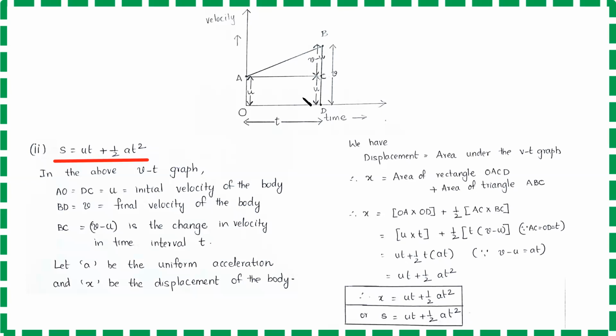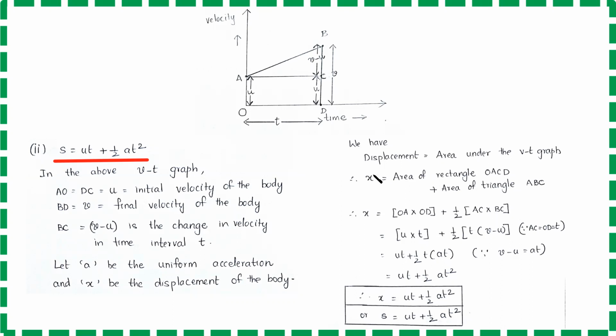If we can find the area of this rectangle and the area of the triangle and add both of them, we will get the displacement. So let us calculate now the area of the rectangle, that is OA into OD, plus area of the triangle, half AC into BC.